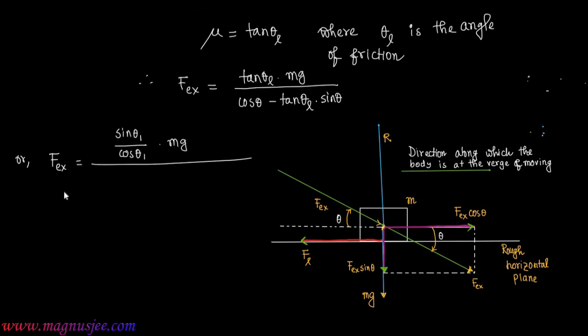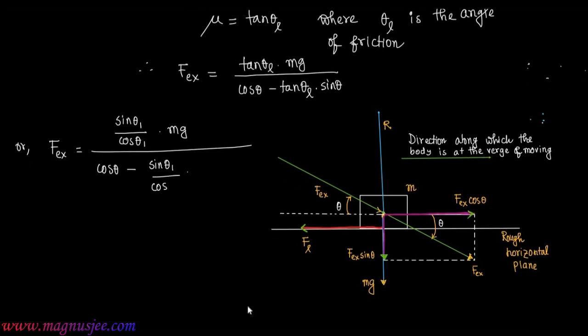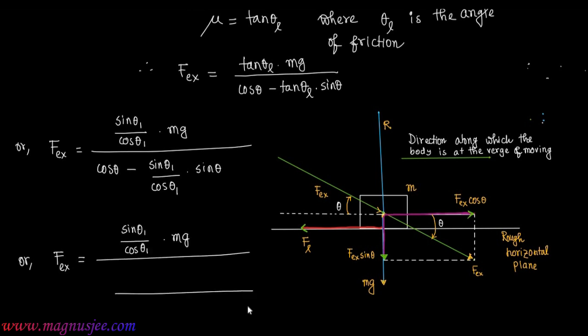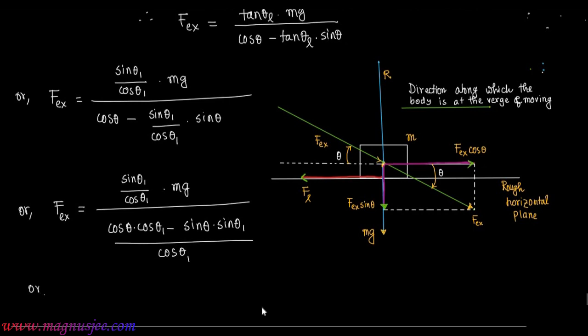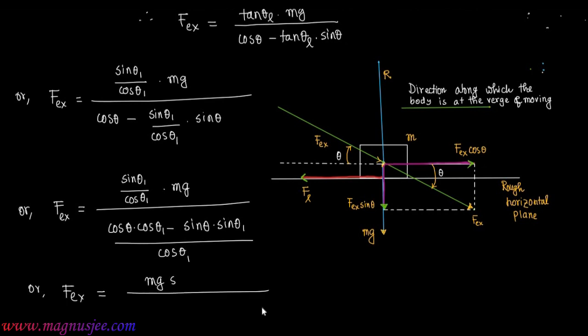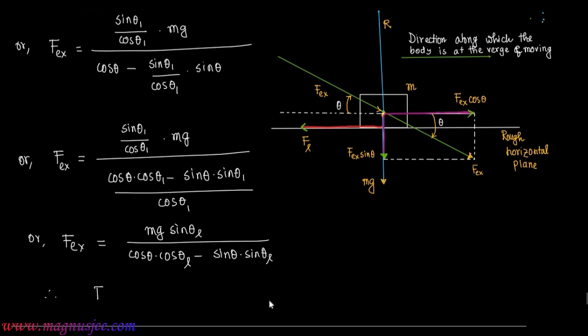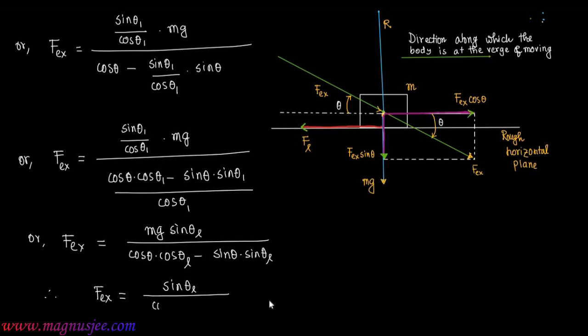by cos theta L into mg divided by cos theta minus sin theta L by cos theta L into sin theta, or Fex will be equal to sin theta L by cos theta L mg divided by, doing LCM we get, cos theta into cos theta L minus sin theta into sin theta L divided by cos theta L, or Fex is equal to mg sin theta L divided by cos theta into cos theta L minus sin theta into sin theta L. Therefore, Fex is equal to mg into sin theta L divided by cos (theta plus theta L).